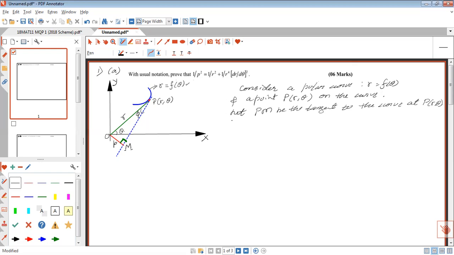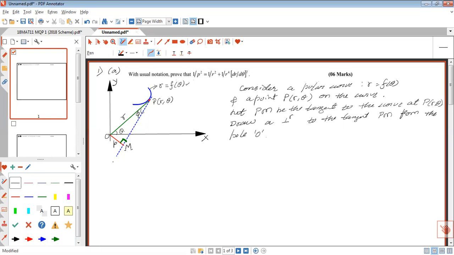Then draw a perpendicular to the tangent PM from the pole, that is the origin, also called the pole, O.